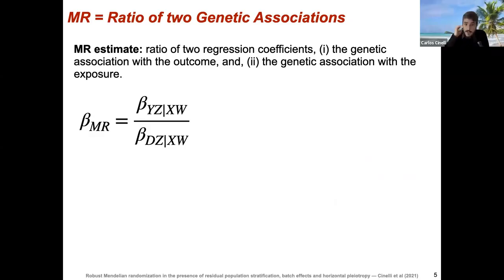Now, whether this MR estimand has a causal interpretation requires some heroic assumptions. And there is very recent literature saying when you can interpret this estimand, this ratio of two regression coefficients, as an average causal effect or as a weighted average of causal effects, and so on, right?